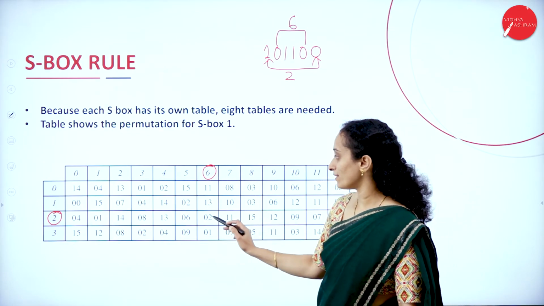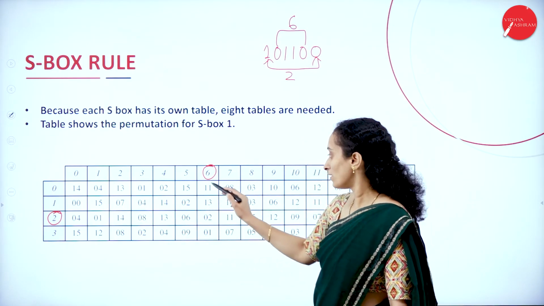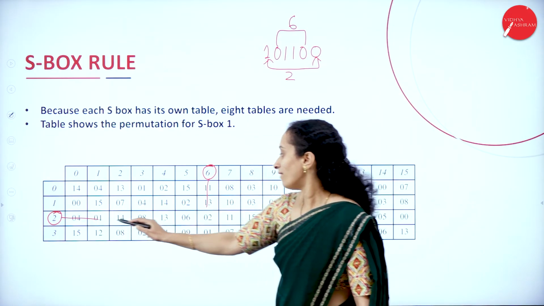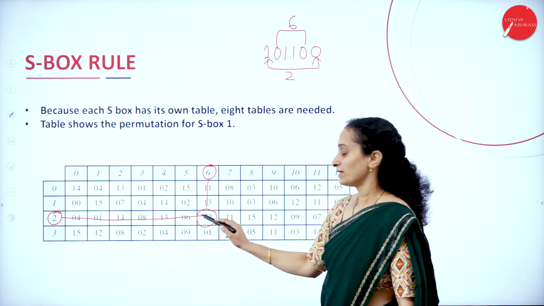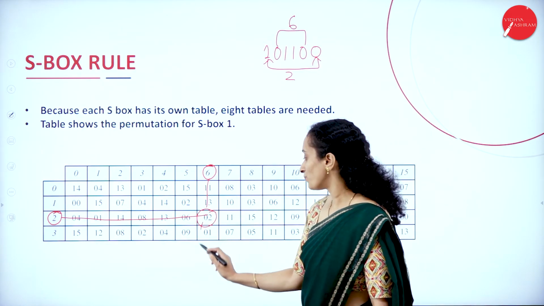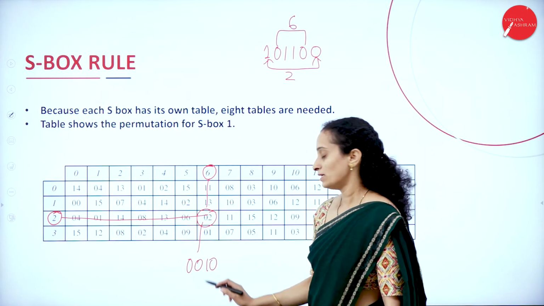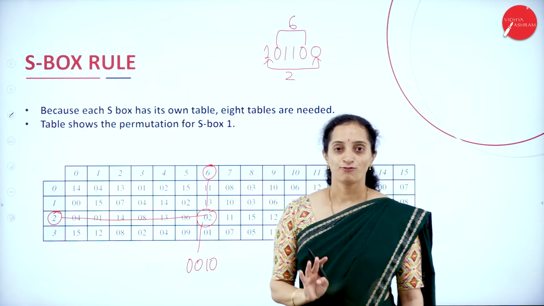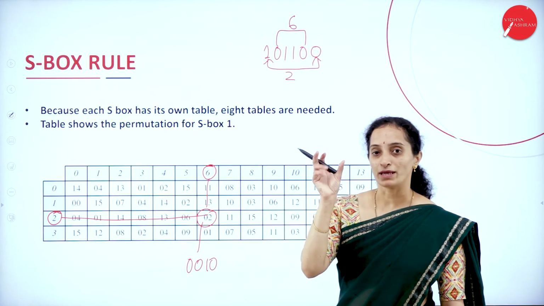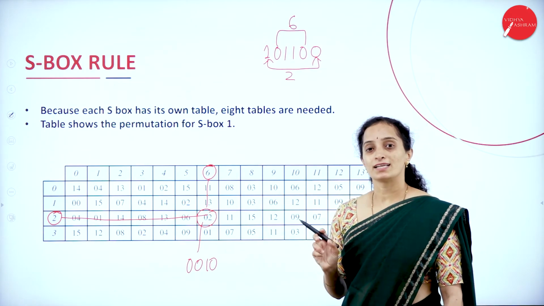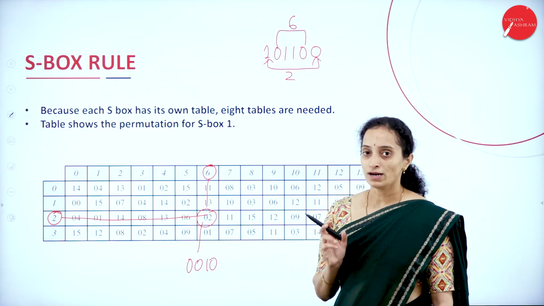What is the value? It is 2. The output will be 0, 0, 1, 0 of 4 bits. From an input of 6 bits, we are taking an output of 4 bits.